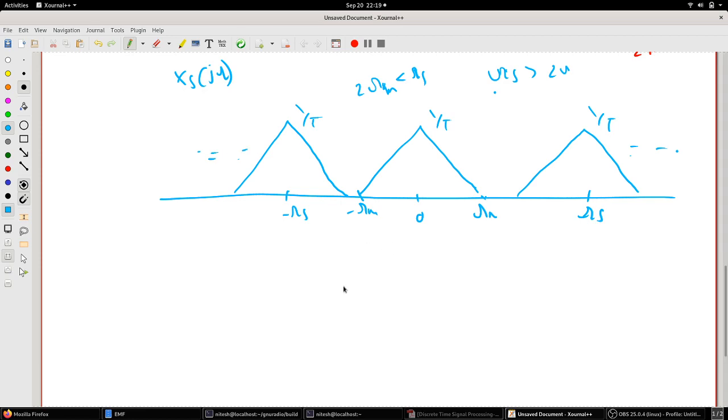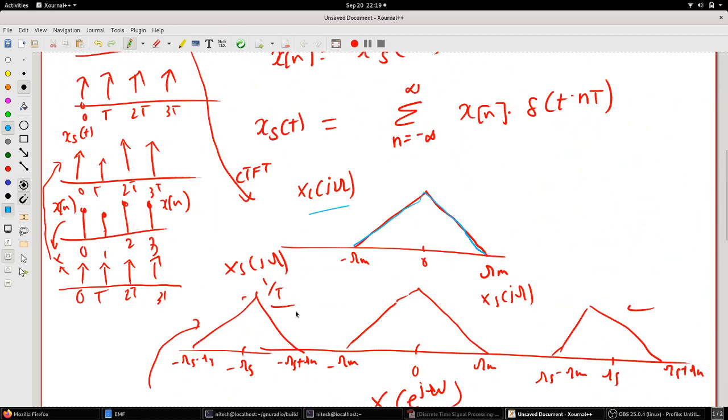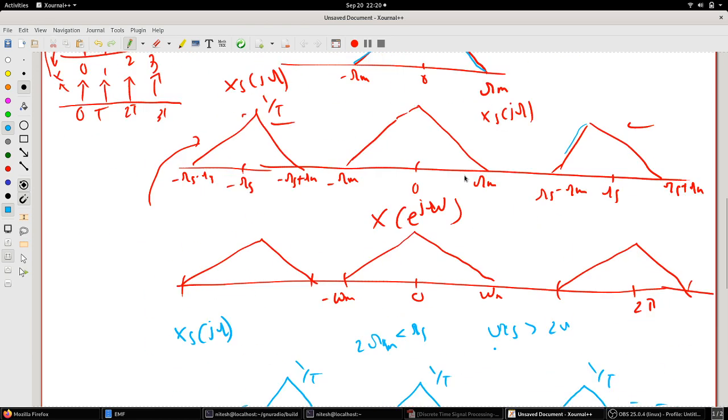Now I had started saying that this was my original, and this was the sampled version. It still has additional information here which is unrequired. I am interested in only this one here.